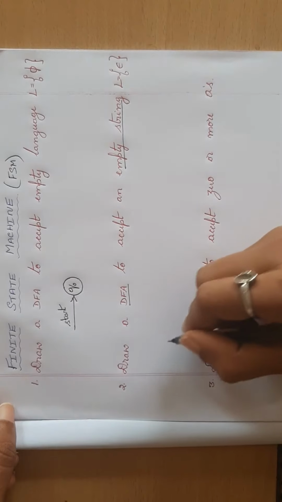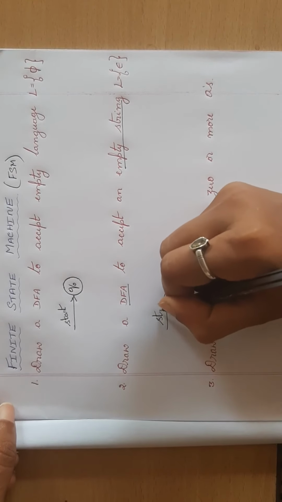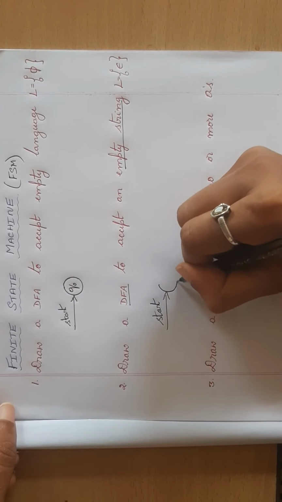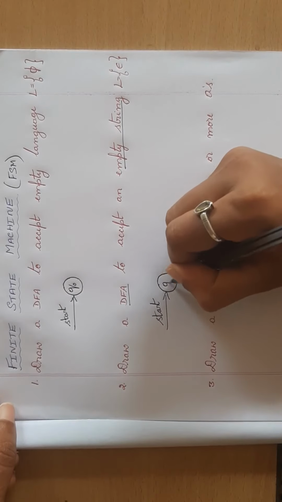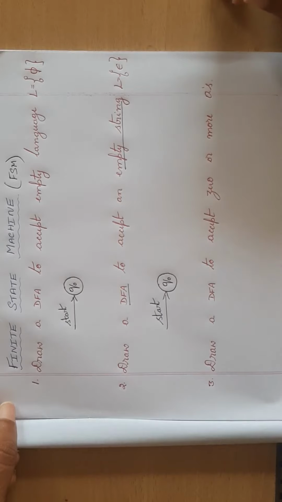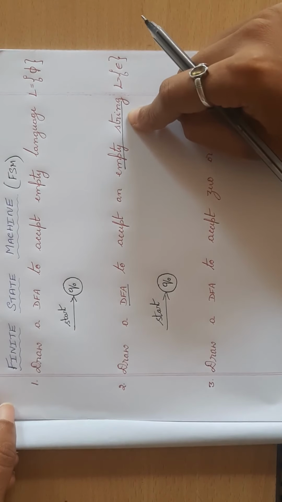Similar to the previous one, take start. I'll take a state and name the state Q0. So what is this? It is an empty string, so it reads nothing.